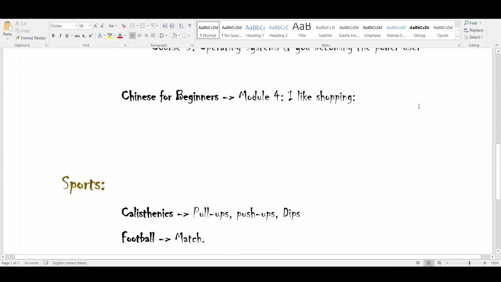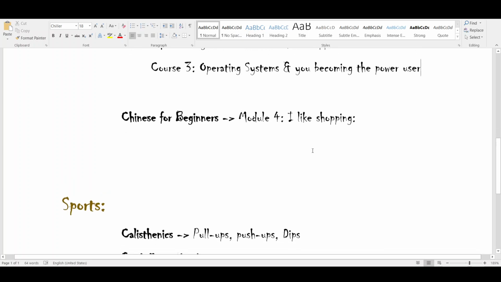So yeah, and for this, I have learned the Chinese for beginners course. So yeah, in Chinese, I'm learning. In Chinese, money, this money or the currency is called Kwai.